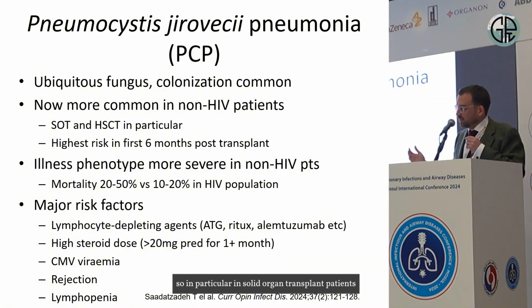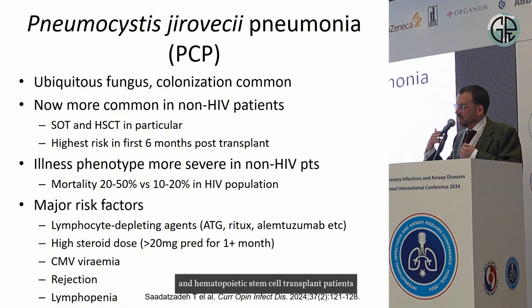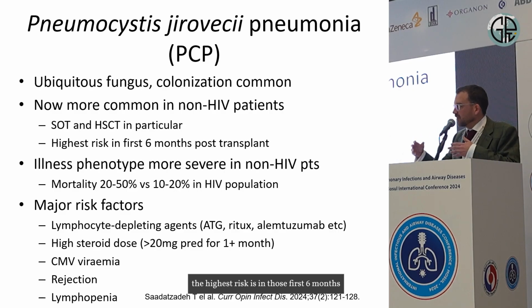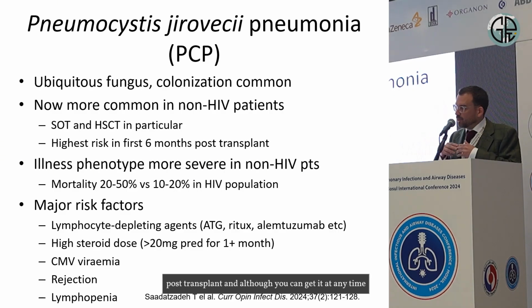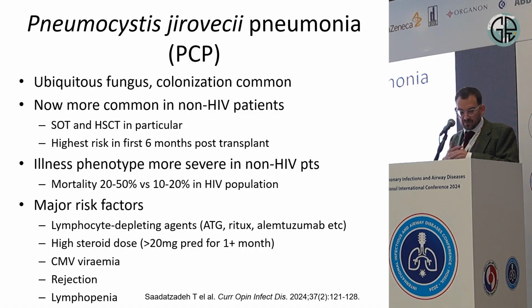In particular, in solid organ transplant patients and hemopoietic stem cell transplant patients, Pneumocystis jirovecii is a major cause of respiratory infection. The highest risk is in those first 6 months post-transplant, although you can get it at any time.